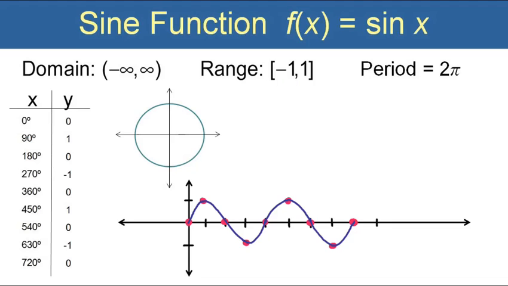And you can see that the lowest this graph ever goes is negative 1, and the highest it ever goes is positive 1. So the range of the sine function is from negative 1 to positive 1, with brackets because we actually do have sine values equal to negative 1 and positive 1.